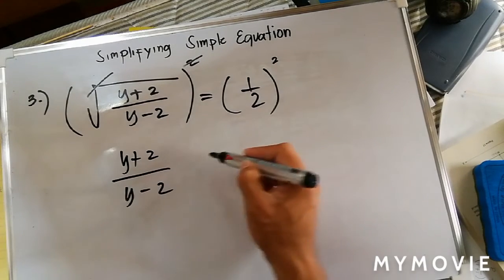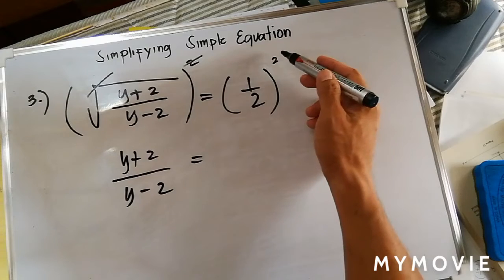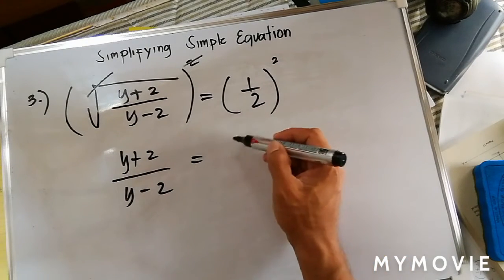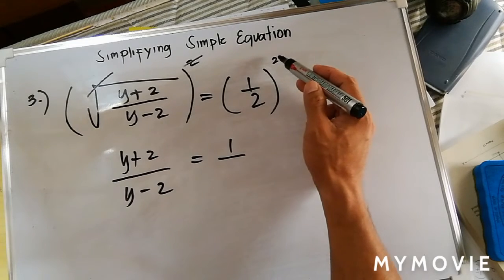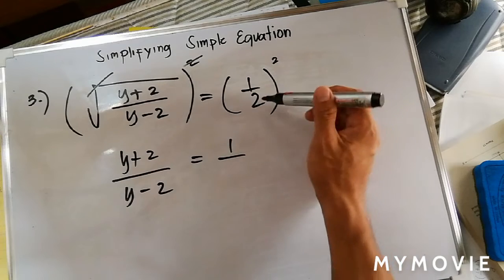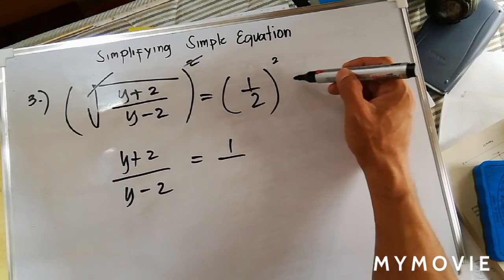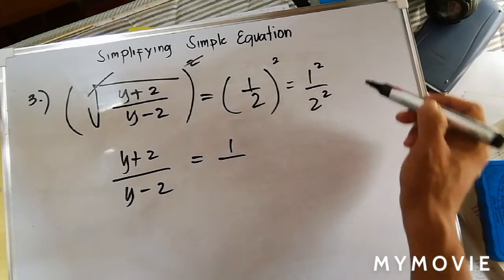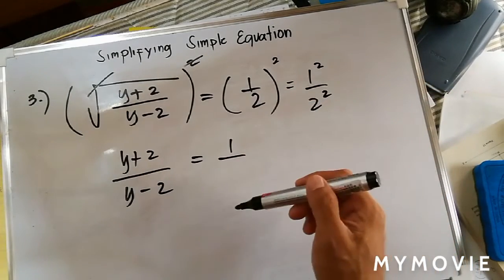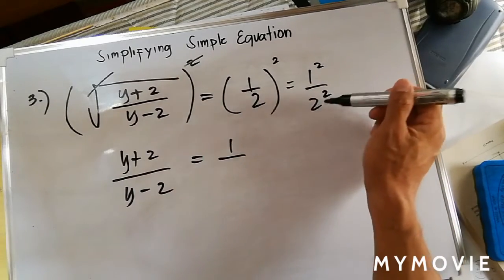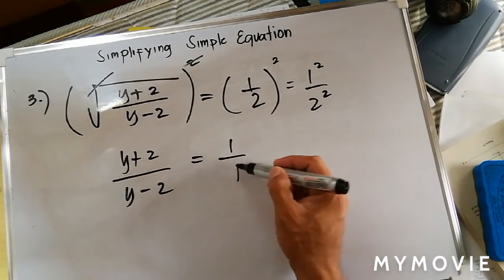On the other side, since we have a square here, it will be multiplied twice by itself. So 1 times 1 is 1, and 2 times 2 is 4. It will become 1/4.